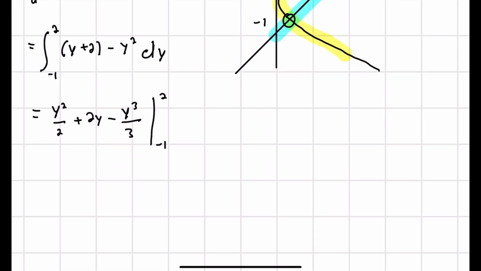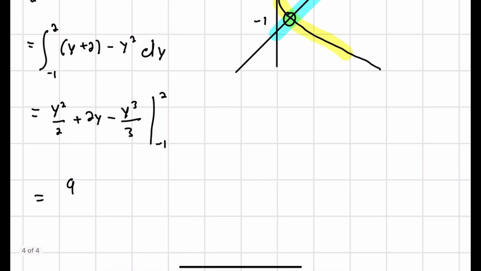And to compute this, I'll leave this for an exercise for you to do. But the final answer for this would simply be 9 over 2. And here is our final answer.